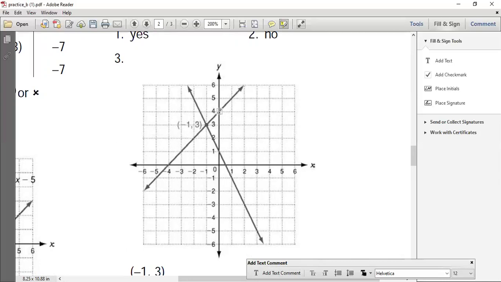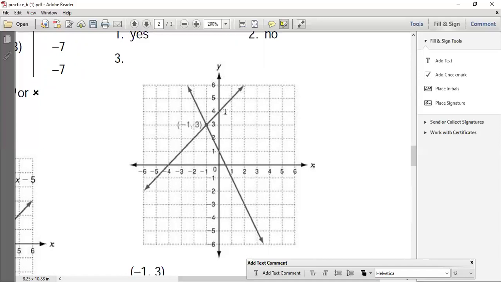So from the intercept, that's 4, we go to the other side, the opposite: left and down. Again, to get another point, go to the left, go down. Now you will have 4 points, so you can join the line. So for that equation, you will get this line.